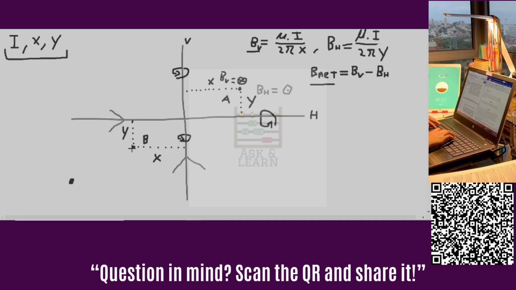So at this point, it's going to be coming up out of the page. It's going to be the exact opposite of the top side, which makes sense since we've switched over the axis here. So in this case, BV is coming out, and the opposite for BH.